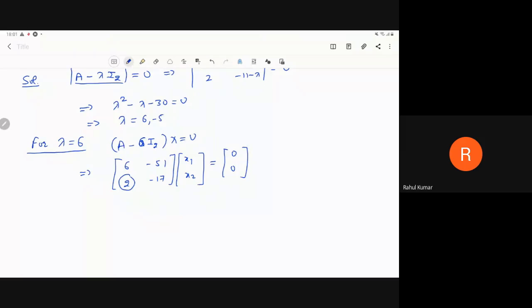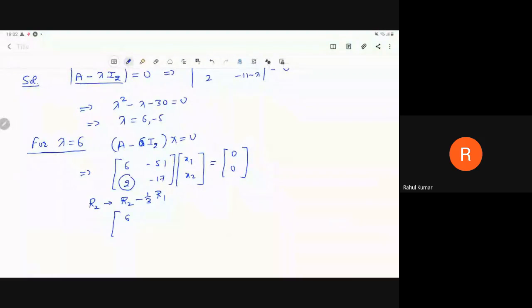So what operation should I apply to make zero here? Write that operation. R2 replaced by R2 minus 1 by 3 R1. Am I right? So what do you get after applying this operation?